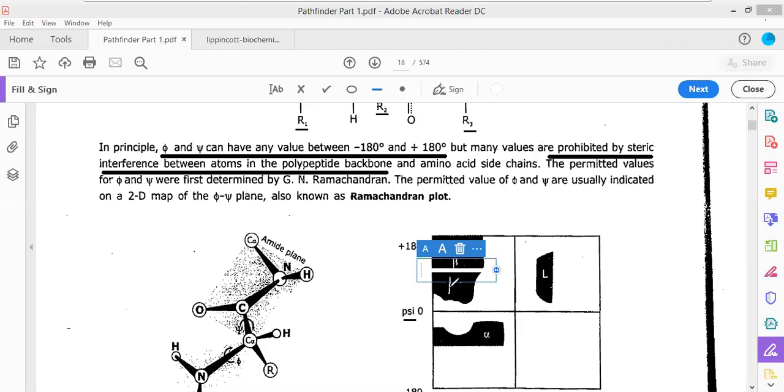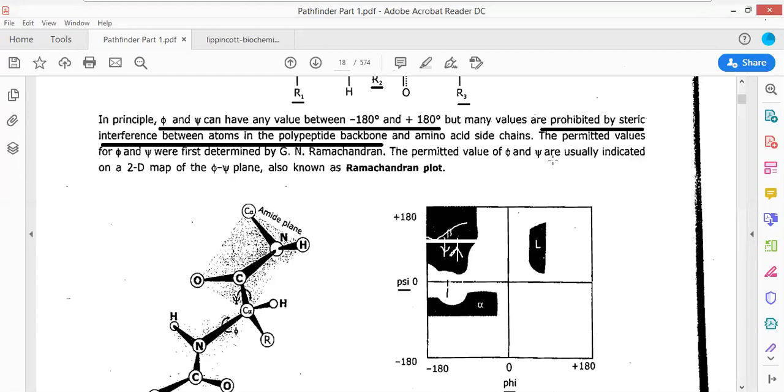This one was the parallel beta pleated sheet structure, and parallel was occupying less region. The other one was anti-parallel, which was occupying a very high region in the Ramachandran plot, indicating that anti-parallel is much more stable as compared to the parallel beta pleated sheet structure.